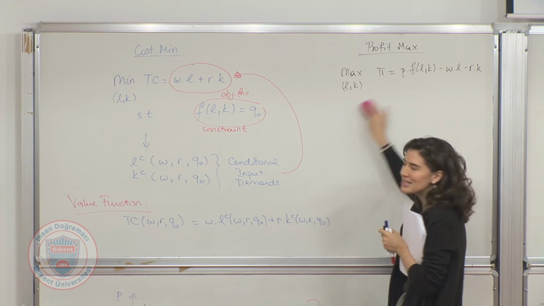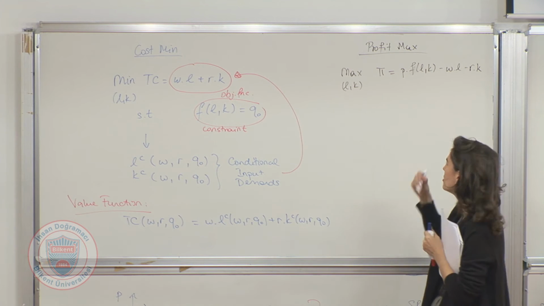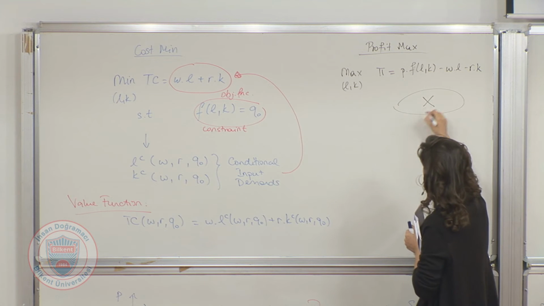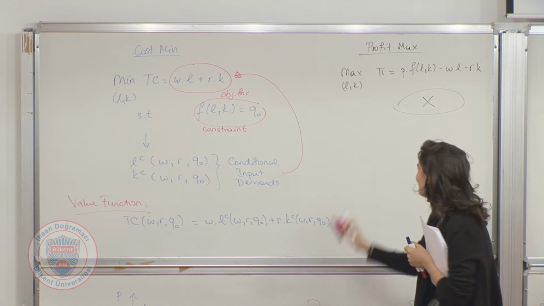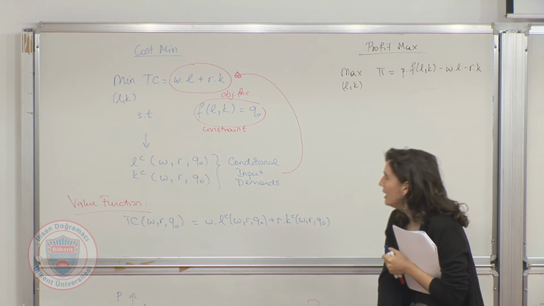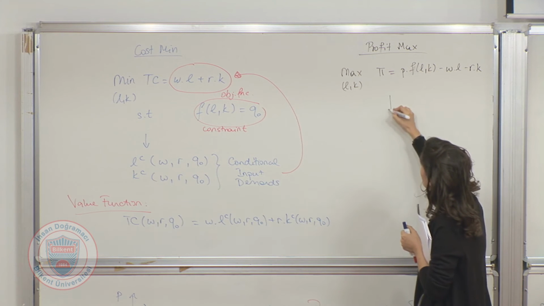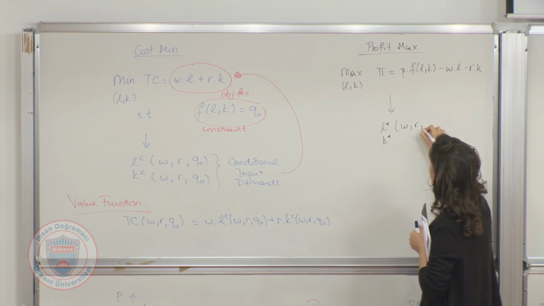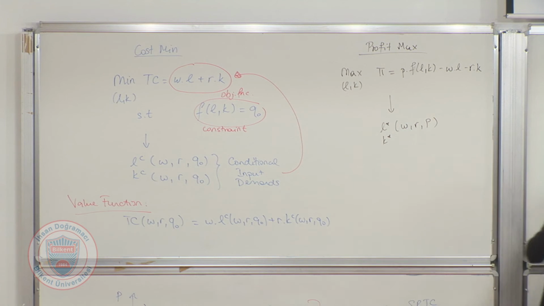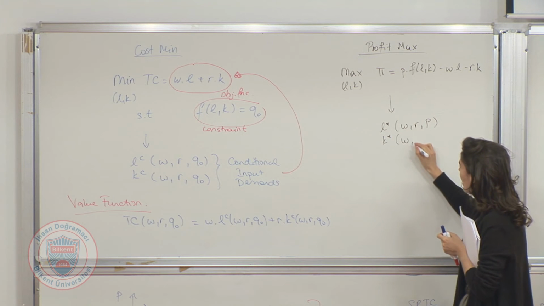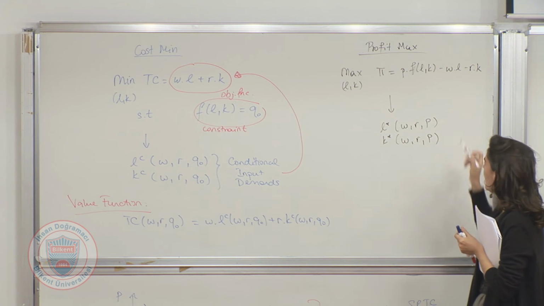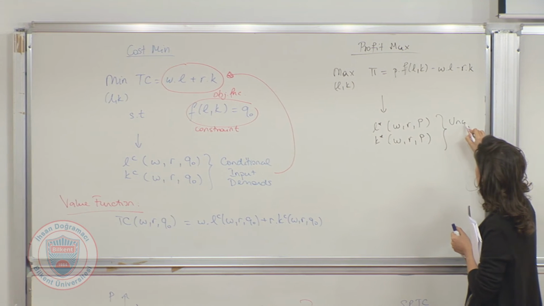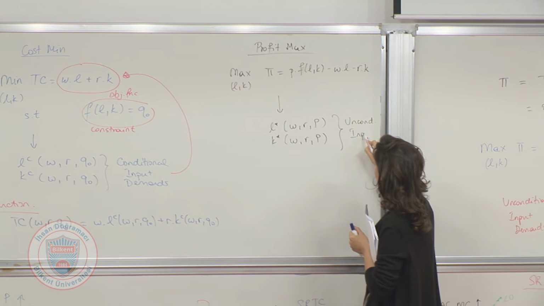There's no constraint, nothing. When you solve this, you're going to get L star and K star, which are functions of wage, R and P this time, because when you decide on L and K, Q is automatically determined through the production function. These guys we call unconditional input demands.